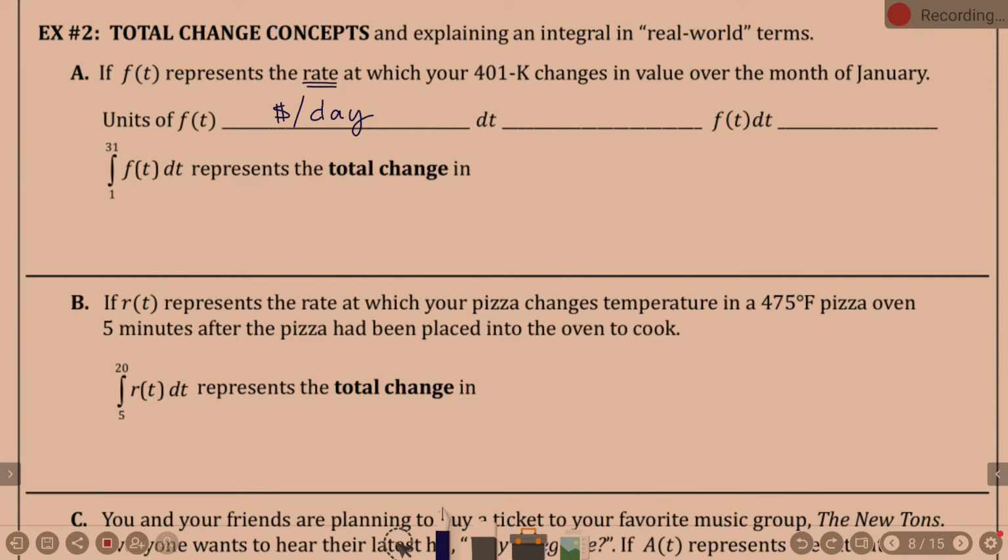dt, remember that's kind of like delta t. That is your change in time, which is going to be in terms of, our time here is month of January, or in other words, we're talking about days.